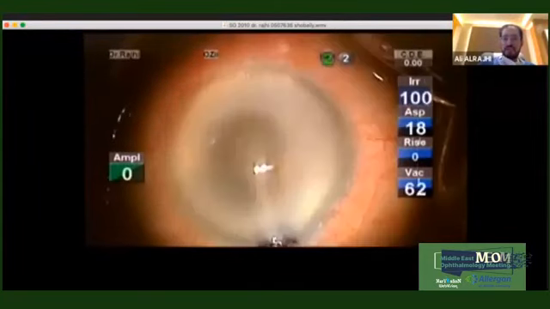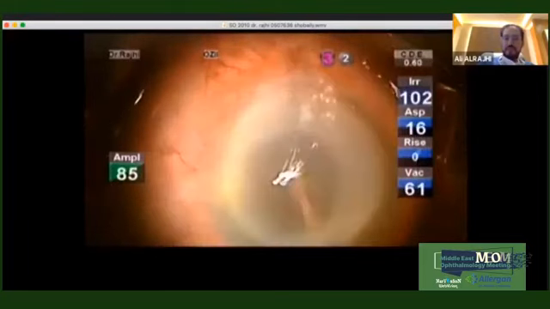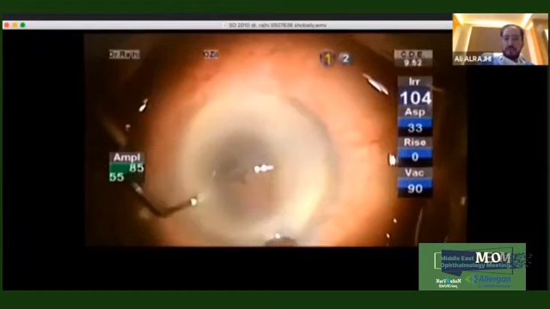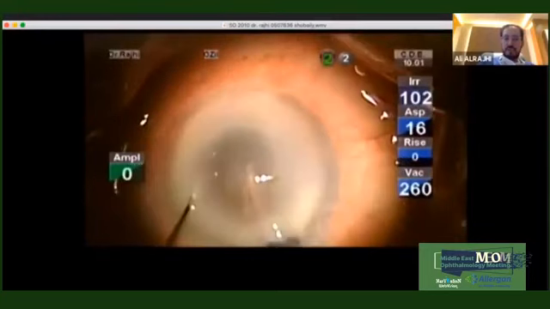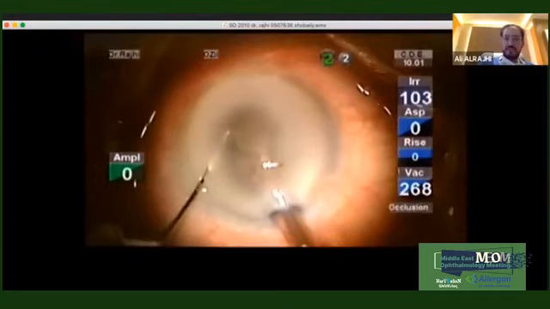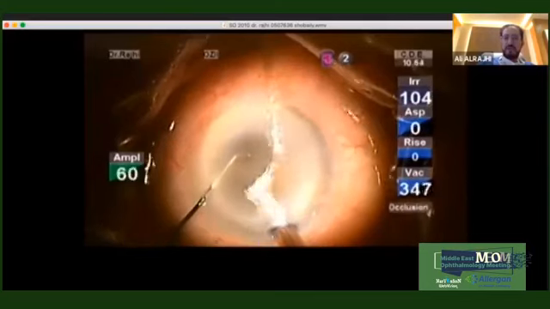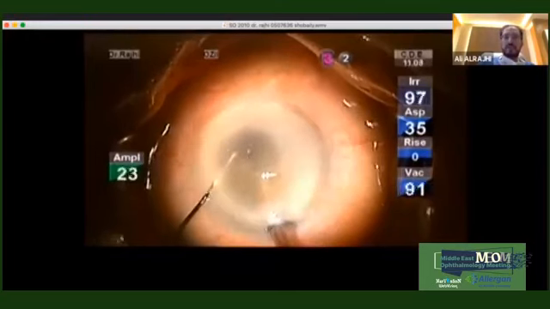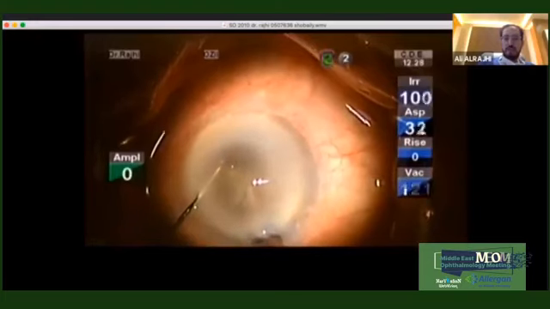Phaco was started with a central groove, and then completed with a chopping technique. You will notice that as you do more of the phacoemulsification, the visualization is much better, and the red reflex appears much clearer.